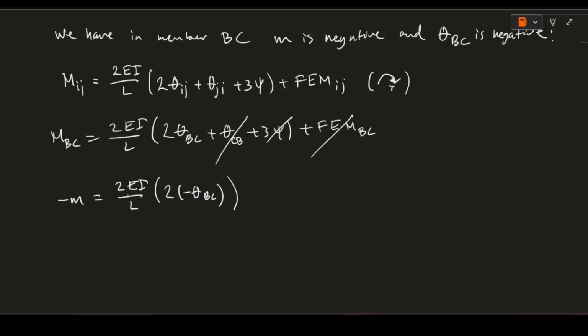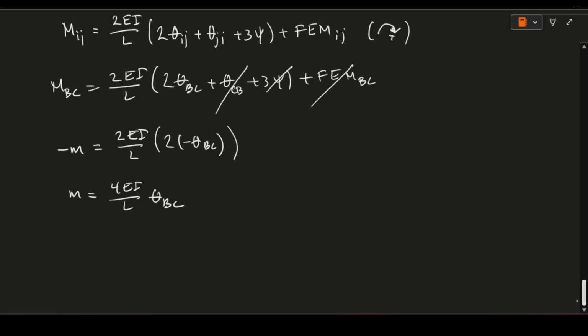And the negatives cancel each other out, so we get M equals 4EI over L times theta BC. We solve this for the angle BC. We get ML over 4EI.